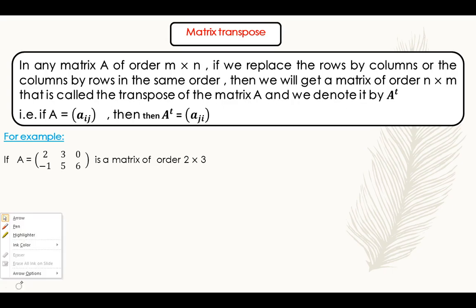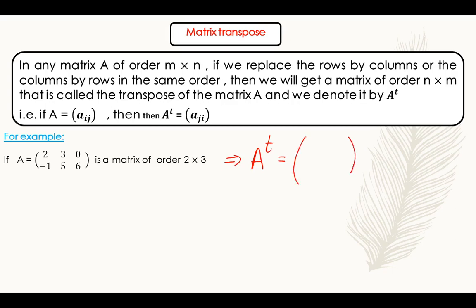So how can we find A transpose? A transpose will be denoted by A to the power of T. We are going to replace the rows by the columns. Here the first row is 2, 3, 0. It will be replaced by a column, so 2, 3, 0.